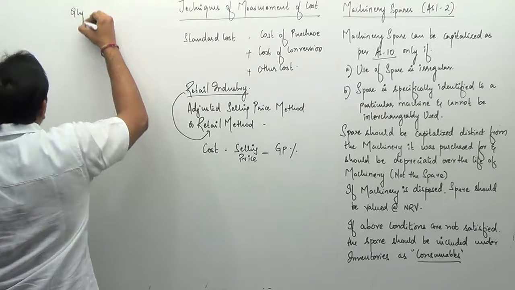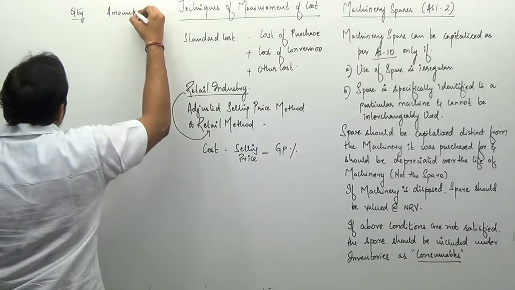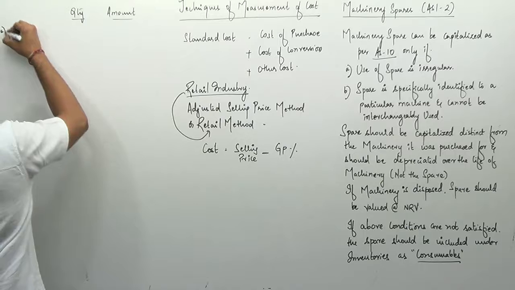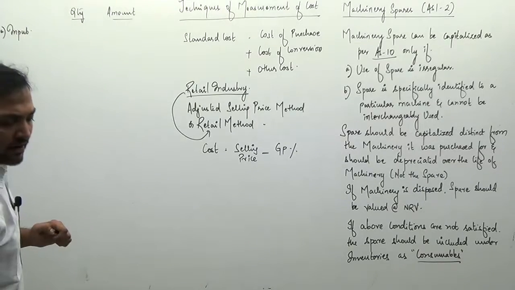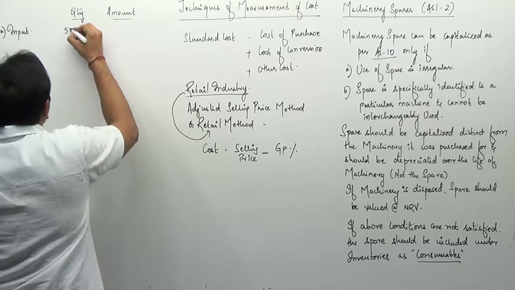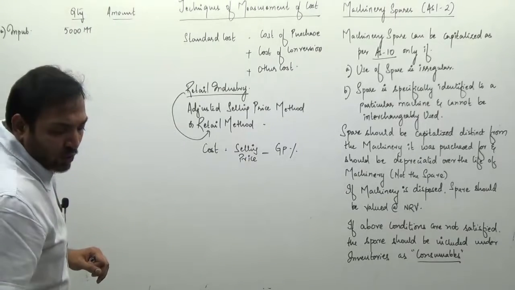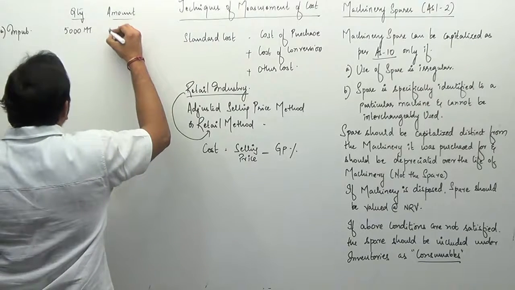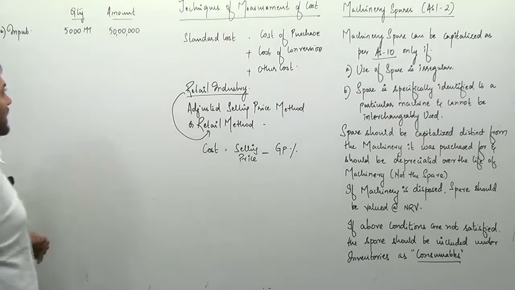Maintain two columns. One is quantity and the other is amount. Input, that is nothing but the raw material. You have input 5000 metric tons of raw material, and the cost per MT is 1000, so you will get 50 lakhs as the amount.